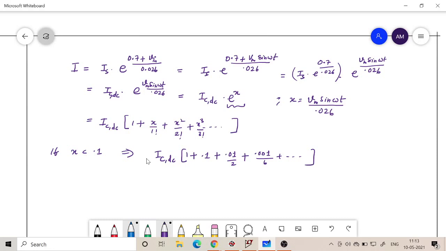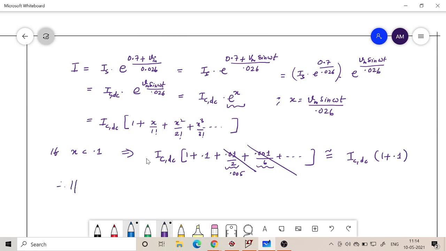Now you can see that this is like 0.005, and this is even much lesser. So we can neglect all these terms and just approximate it as ICDC into 1 plus 0.1, that means taking only the first term. So that's what we are going to do.